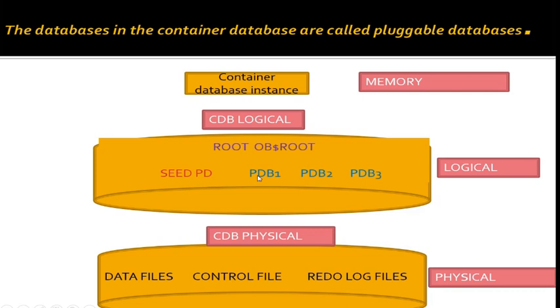You can make many pluggable databases, pluggable database 1, pluggable database 2, and pluggable database 3, in the logical. This is the container database, CDB, logical. This is the physical CDB, container database physical. It has data files, control files, and redo-log files.